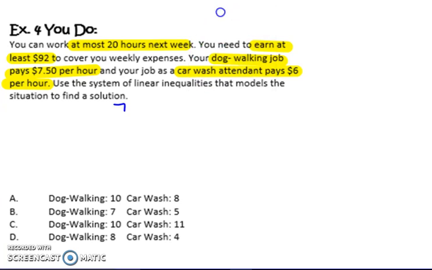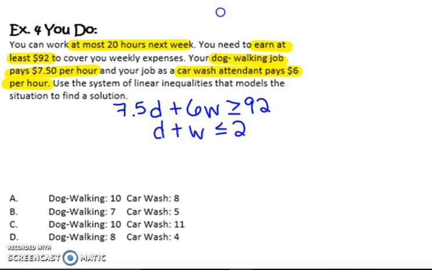I have earned $7.50 for dog walking, plus the $6 I earn as a car wash attendant, and I want to make at least $92 in total, excuse me. But I cannot work more than 20 hours, so it has to be less than or equal to 20.